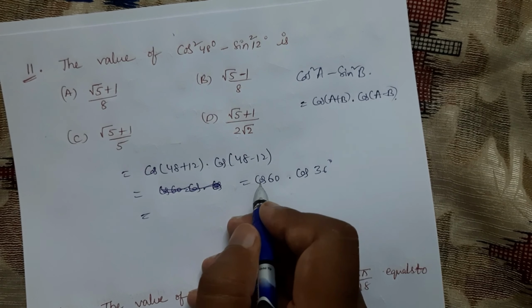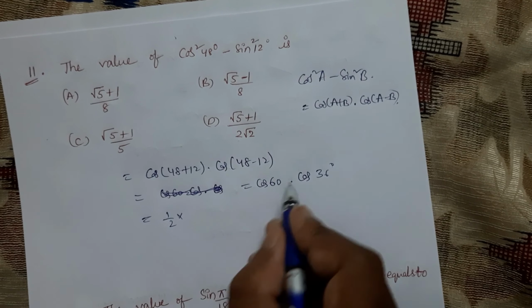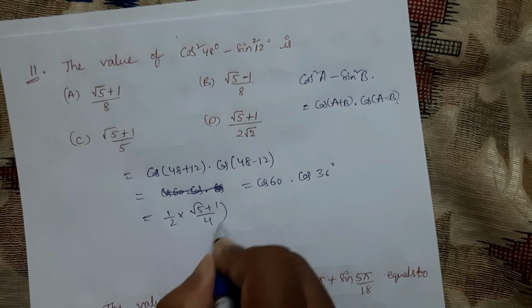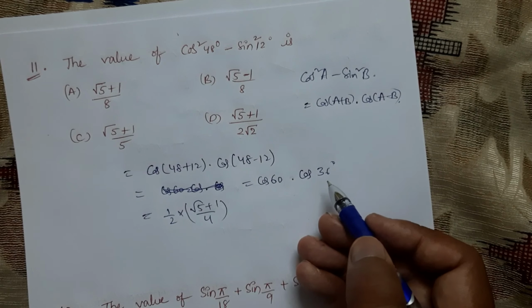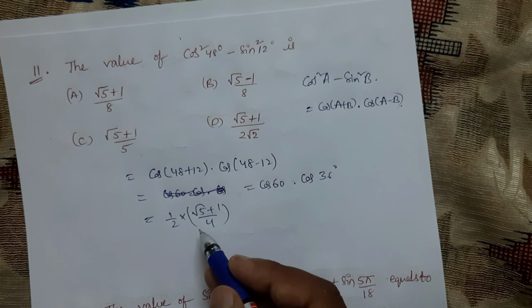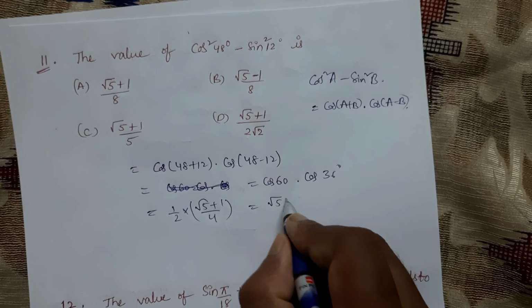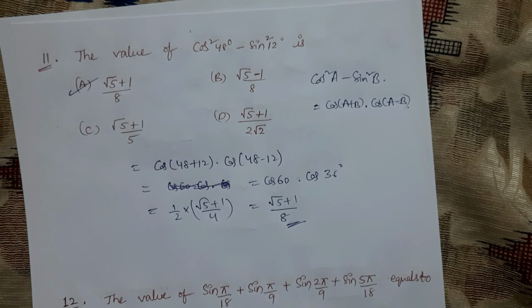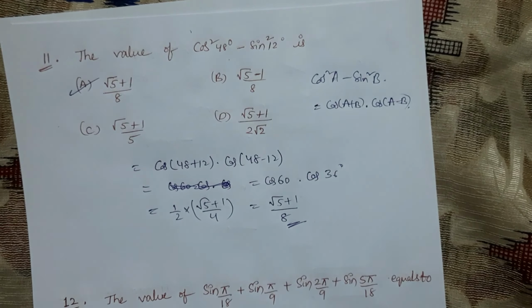We know that cos 60 degrees is 1 by 2, into cos 36 degrees, whose value is root 5 plus 1 by 4. Starting I have given formulas so that you remember the values. If you multiply these two, you will get root 5 plus 1 by 8, which is option number 1. So that's why you need to remember the values of those trigonometric functions.